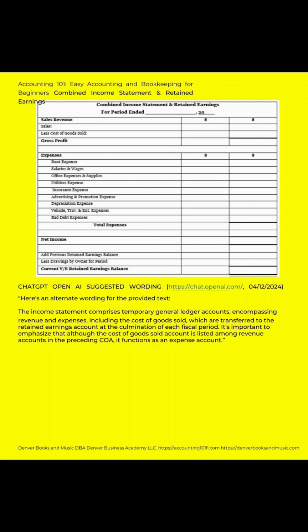Expenses are resources used up by the organization toward running the business and earning income and to keep the organization going. Cost of goods sold accounts are considered special types of expense accounts.